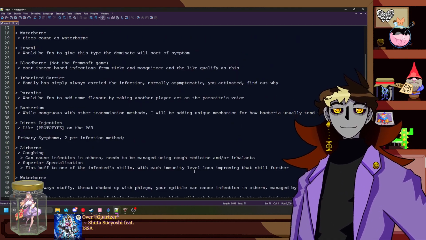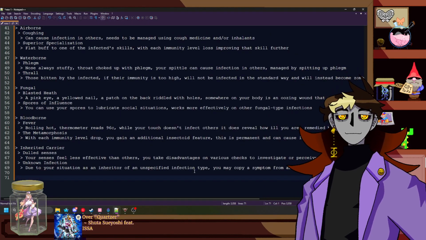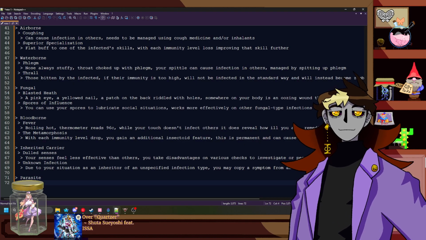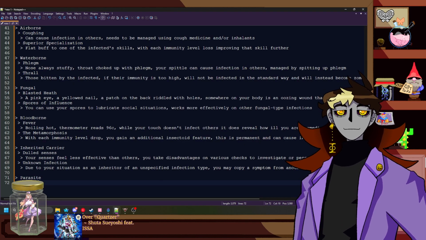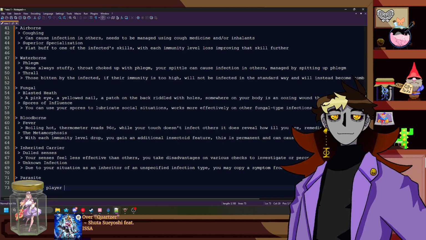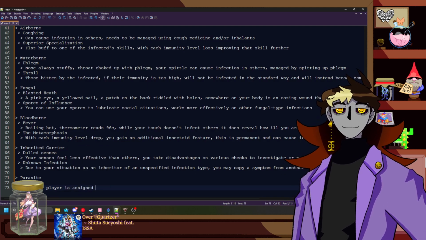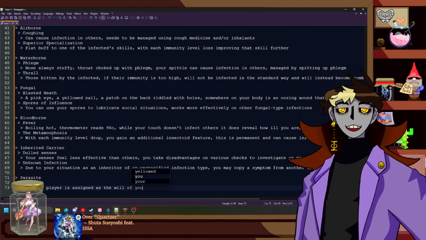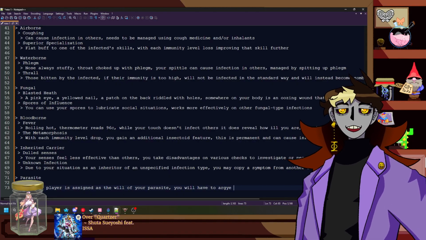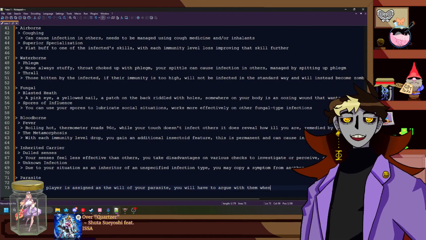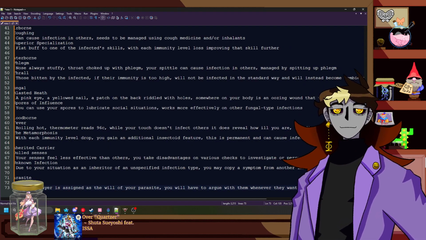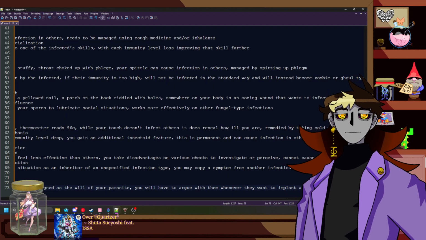Here we go. Inherited carrier, parasite. Another player is assigned as the will of your parasite. You will have to argue with them whenever they want to implant a parasite in another person.